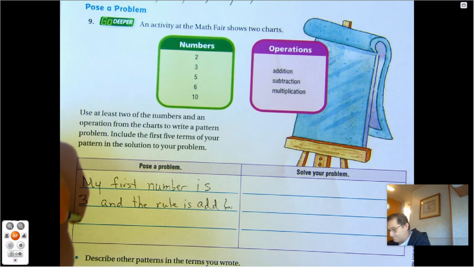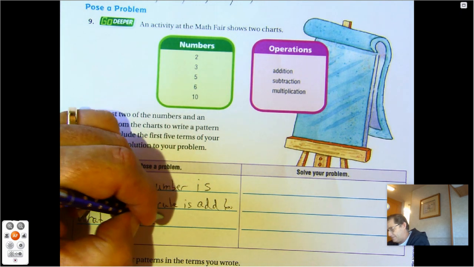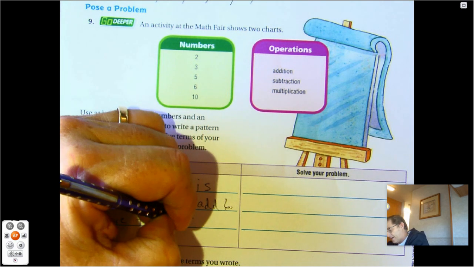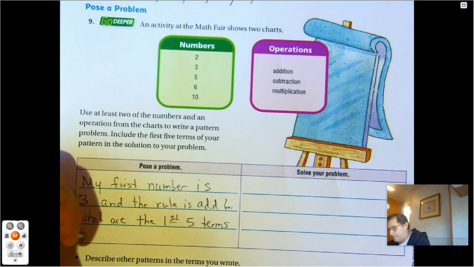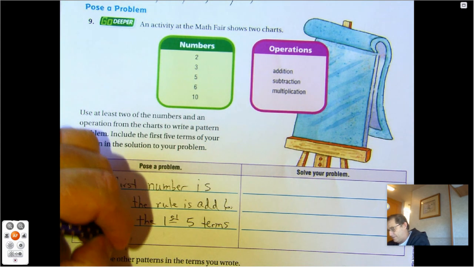What are the first 5 terms of the pattern?